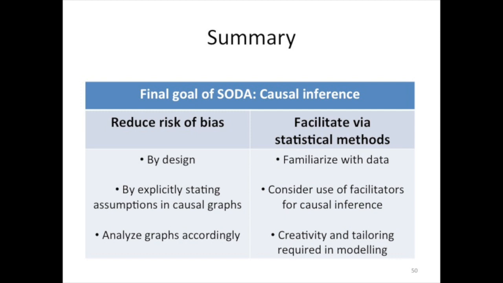In the statistical analysis of secondary observational data, it is particularly important to familiarize yourself well with your data, since you did not collect them yourselves for your purpose. We should further consider the use of facilitators for causal inference, and finally, creativity and tailoring of the sometimes advanced statistical methods is required to make the most out of the available data.